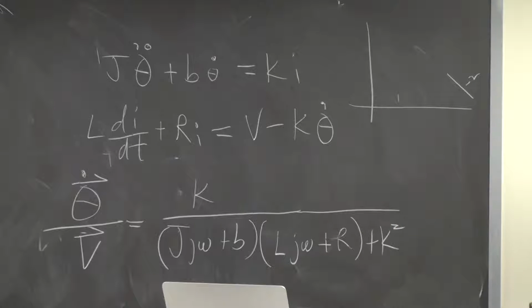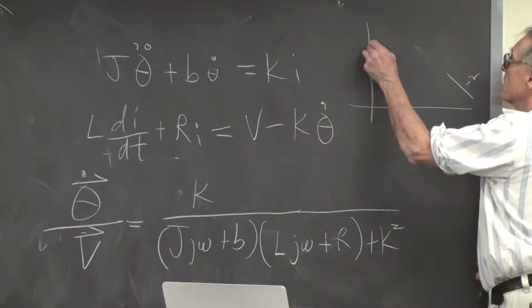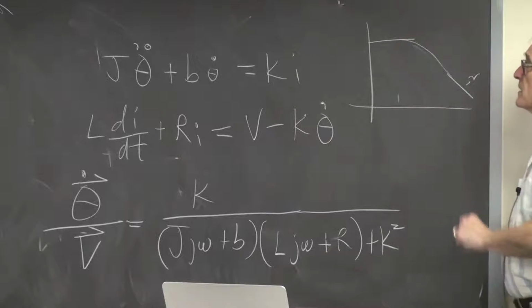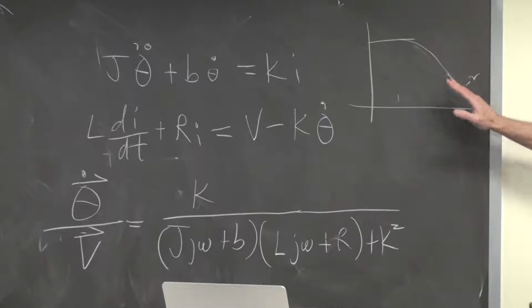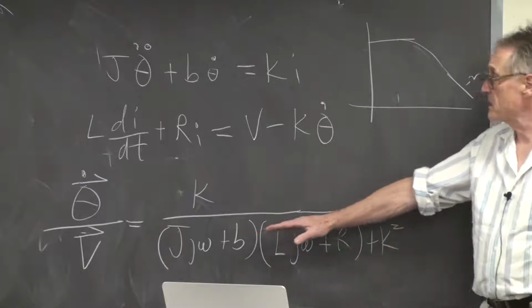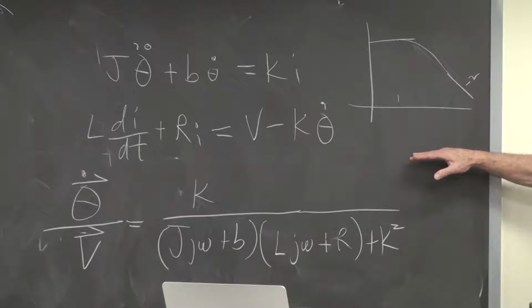At low frequencies, the system is dominated by constants, and we get something that looks like this. And it turns out the shape is, as I said before, it looks like a low-pass filter with a second-order cutoff. And the phase shift, because it is a second-order system, does in fact go to 180 degrees.